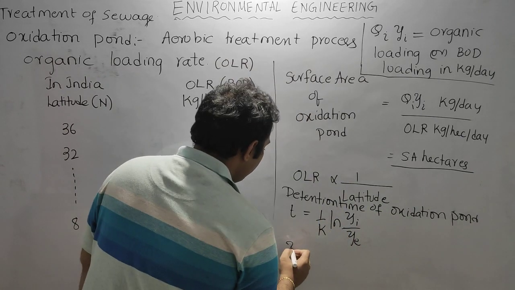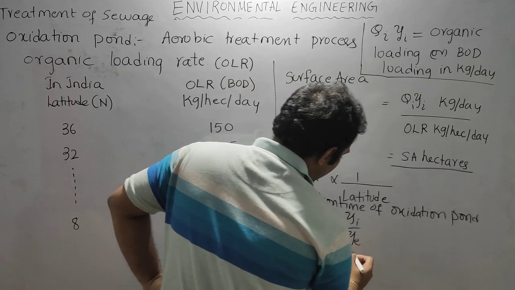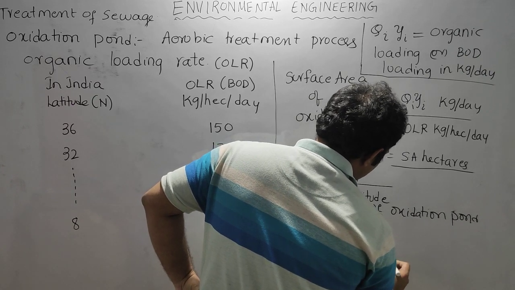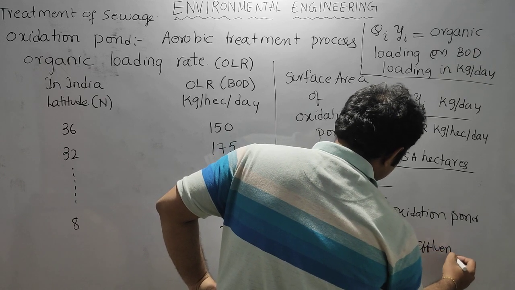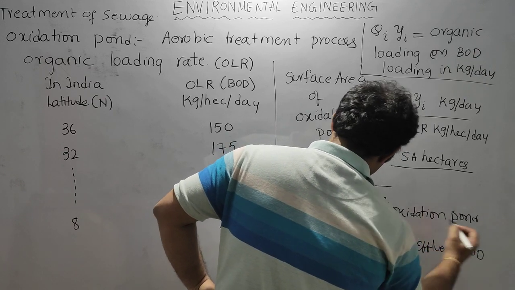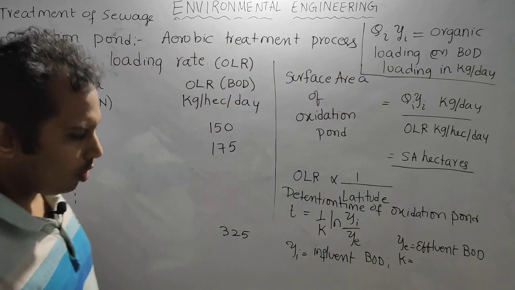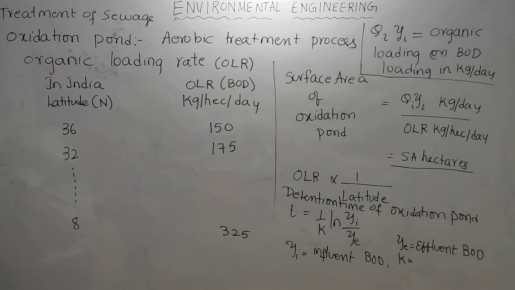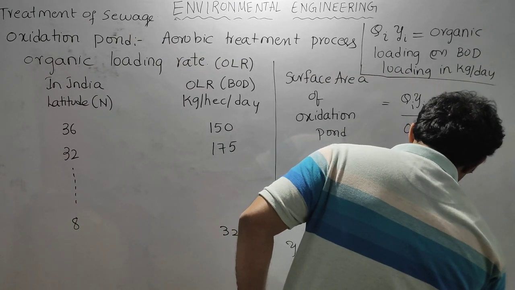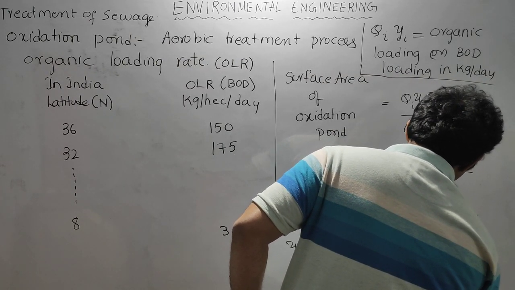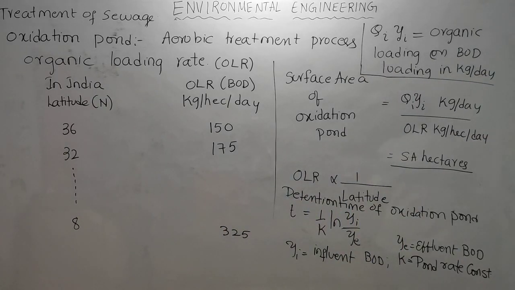What is Yi? We all know this: influent BOD. Ye is effluent BOD. And K is the pond constant, or BOD rate constant, the degradation constant. So this is the pond rate constant.